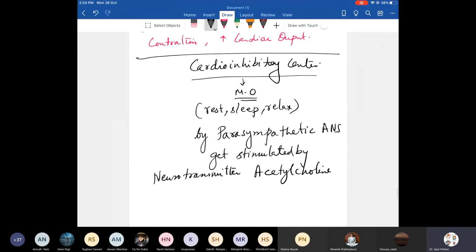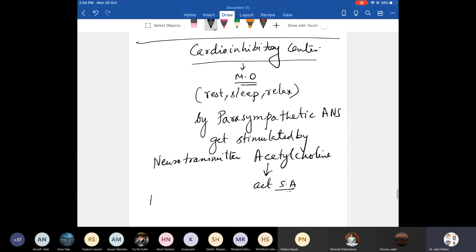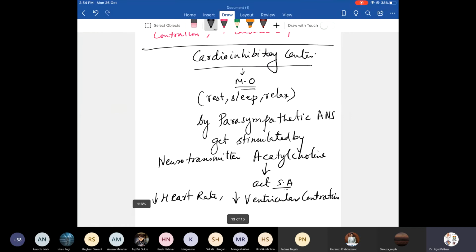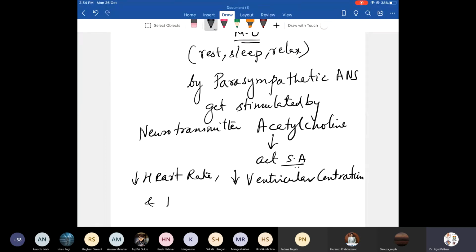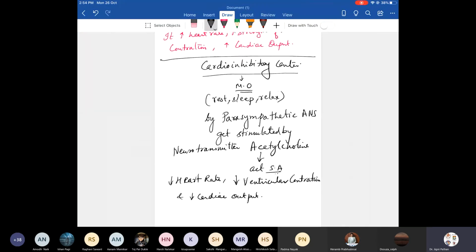This acetylcholine goes and acts on the SA node and slows it down. It decreases the heart rate. When there's a decrease in heart rate, there's a decrease in ventricular contraction. When there's a decrease in contraction, there is also a decrease in cardiac output. Please write down and do let me know if you have any doubts.